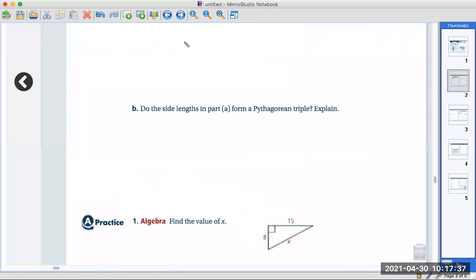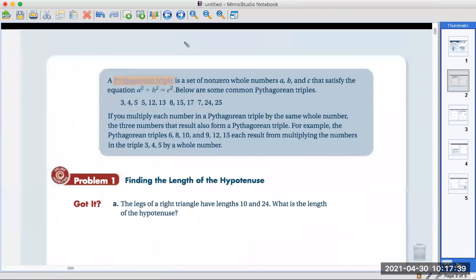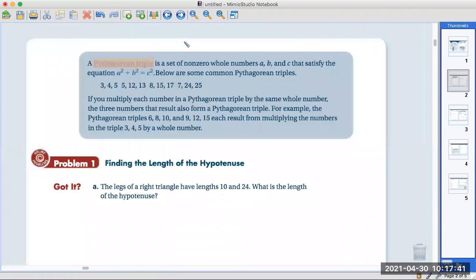We're going to look at triples. Pythagorean triples are three numbers that, if you do A squared plus B squared is C squared, it'll balance your equation or it forms a right triangle. So these are Pythagorean triples. 3 squared plus 4 squared is 5 squared. 5 squared plus 12 squared is indeed 13 squared, and so on and so forth.